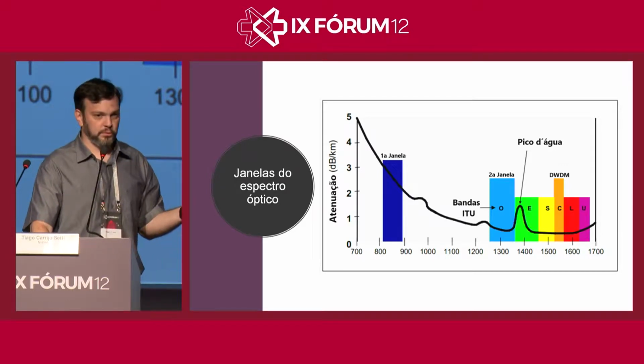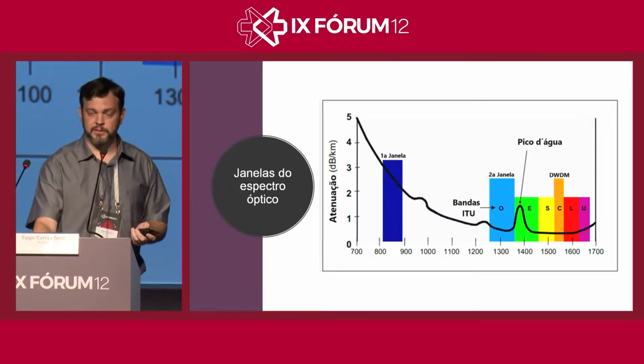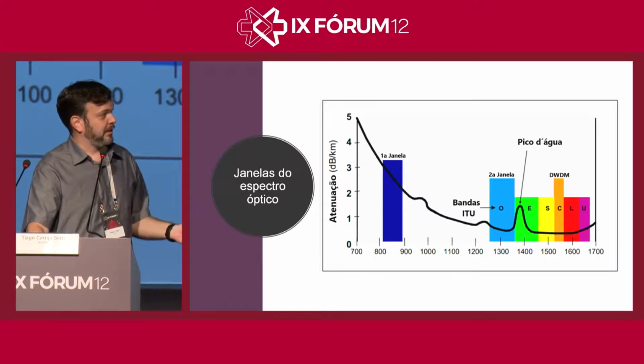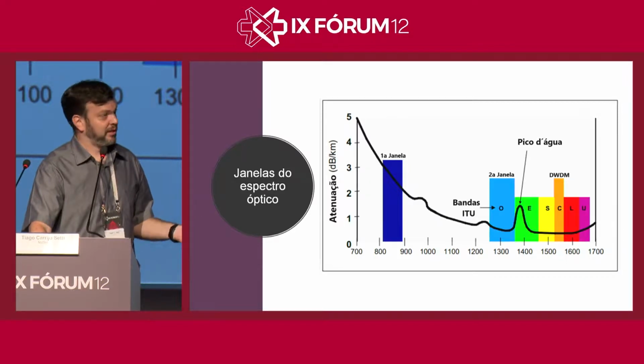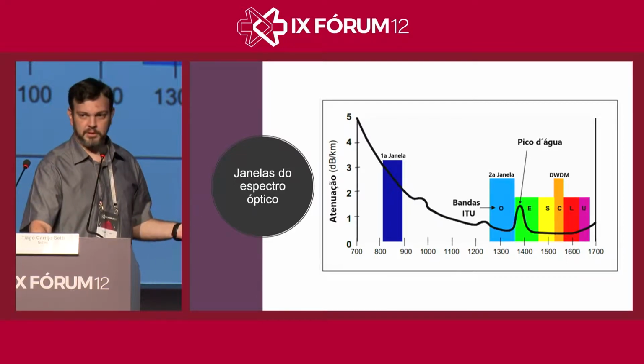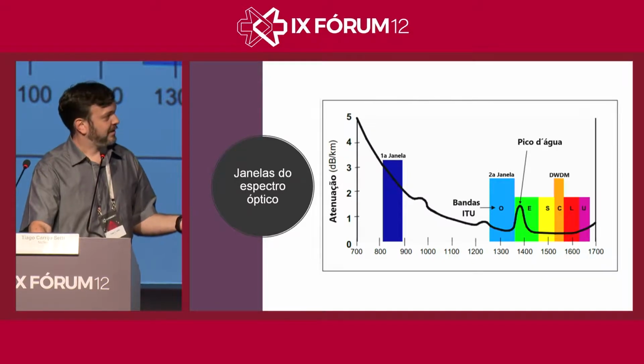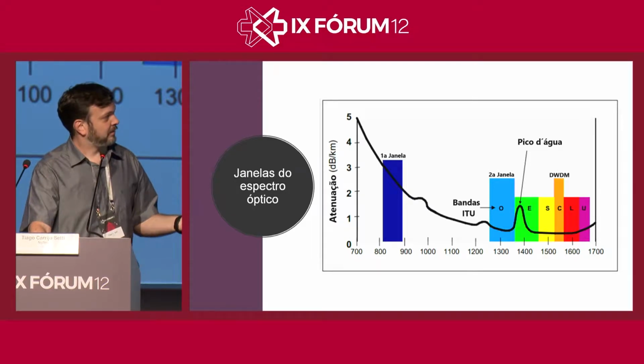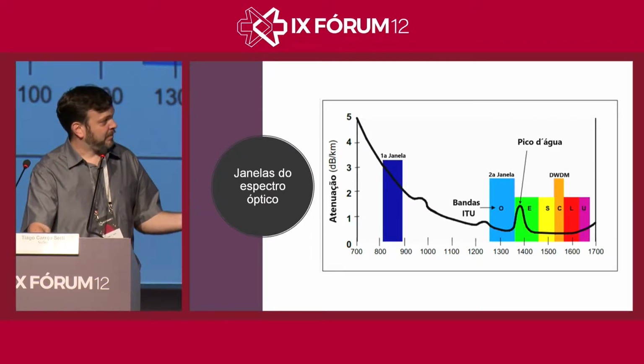This is a chart from a common optic fiber defined by ITU that defined windows of operation within the infrared spectrum. You have the first window of 850, where you have multi-mode, the multi-mode LEDs, the second window that is in 1310, and the third window for DWDM, that is a window for C-band.